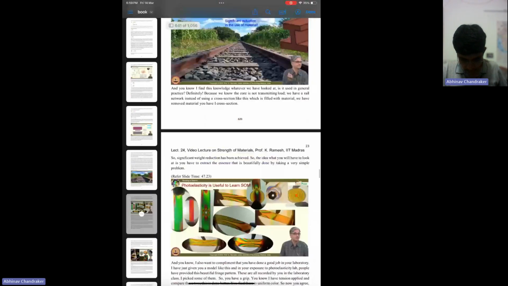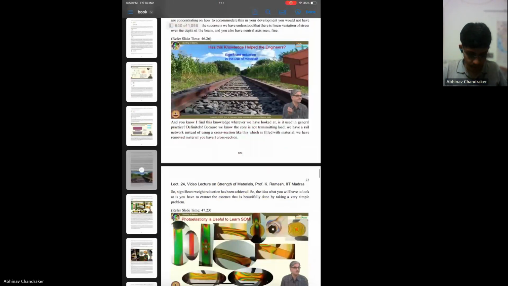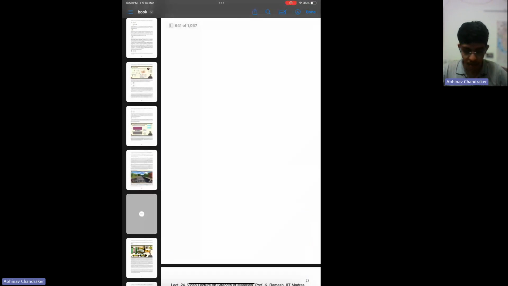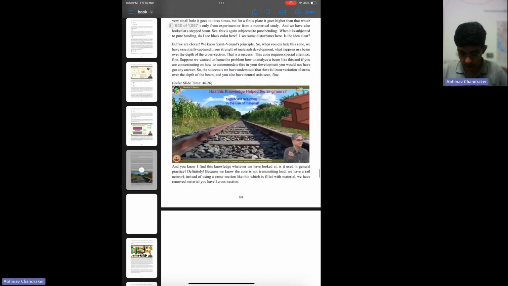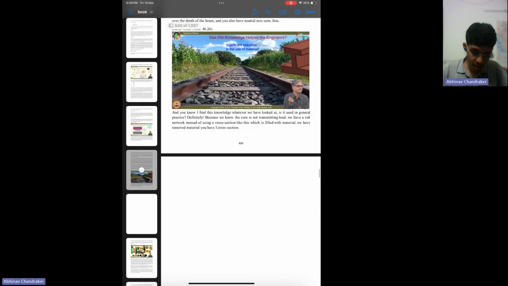Okay, so I hope looking at this it will be a bit clearer where I was getting stuck when explaining the railroad, the loading in the railroad and the bending movement that will be experienced.